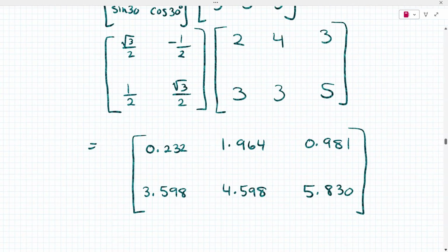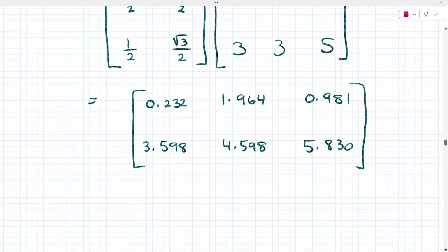And if you want to write it as a 2D coordinate, it would be as this.